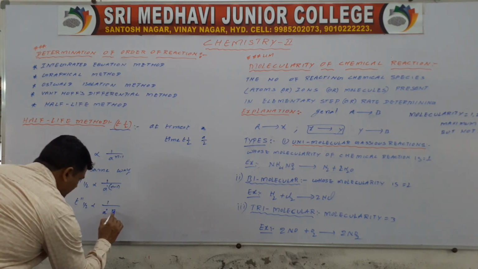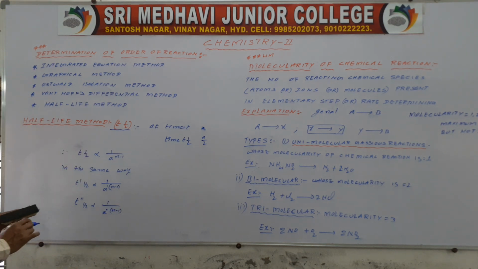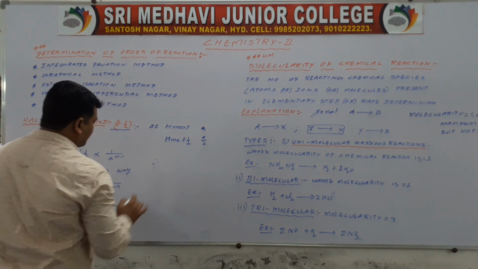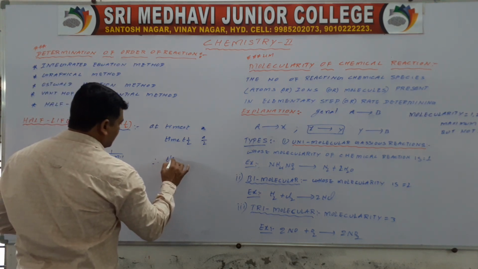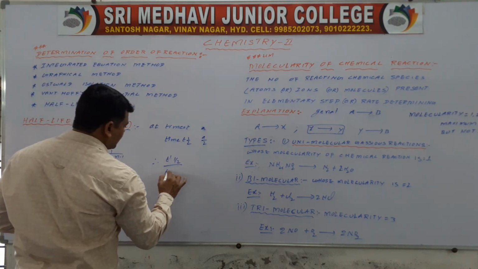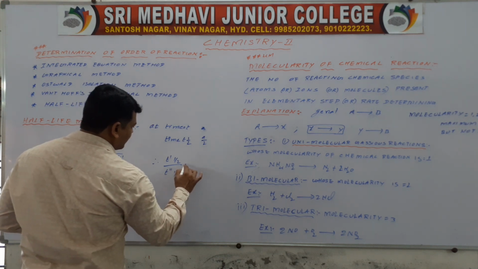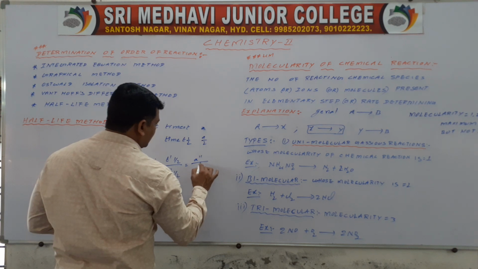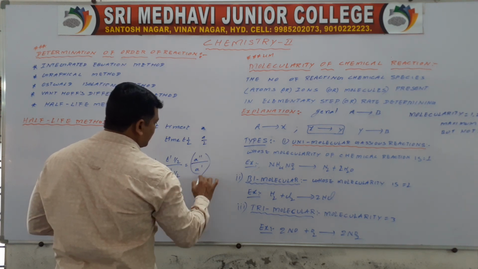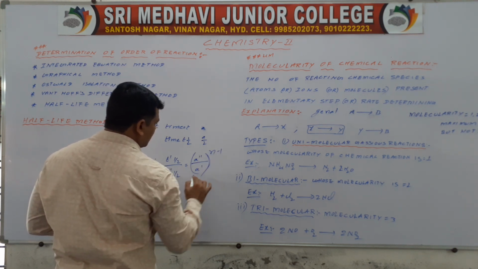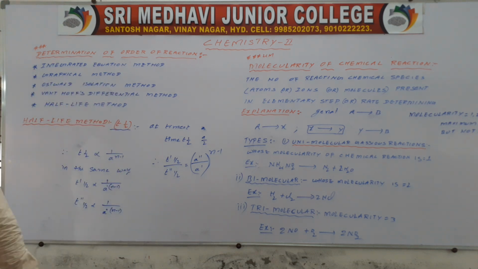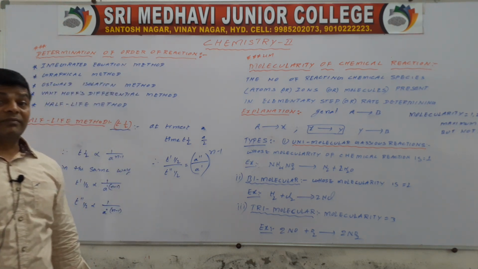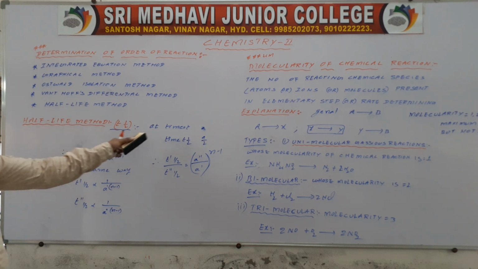Therefore, t1 half by t2 half is equal to a2 by a1, whole power n minus 1. It is nothing but the half time method or half life method.